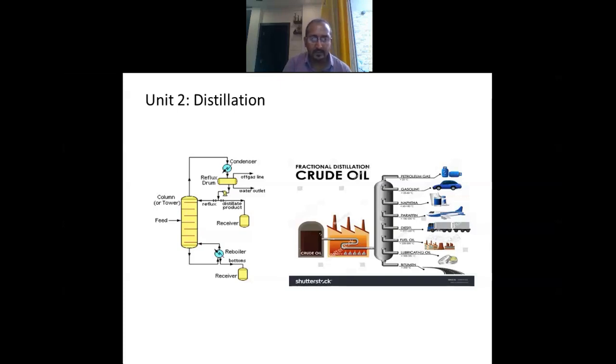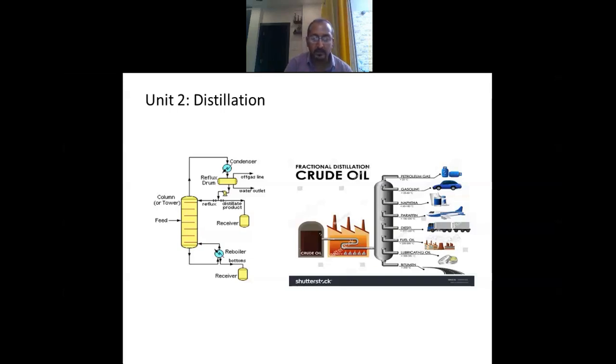The function of distillation is to separate a liquid mixture into its individual components, or in some cases into groups of components, by vaporization.